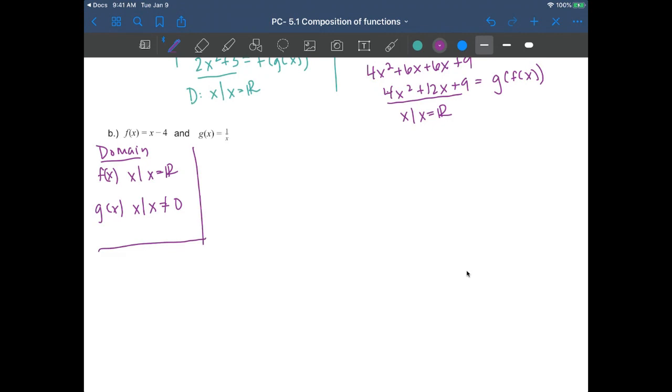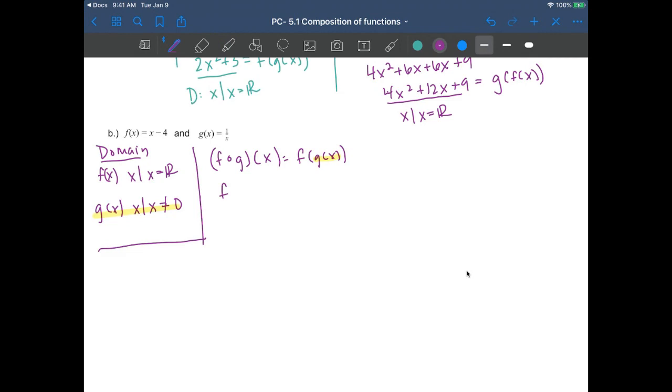Okay. And we're going to do f of g of x, rewritten to be f of g of x. So the inside is g of x. Do we have any domain restrictions on g of x? Yes. g of x cannot equal 0. So at the end, we're going to have to keep that in mind.